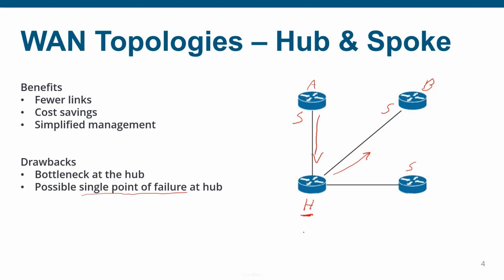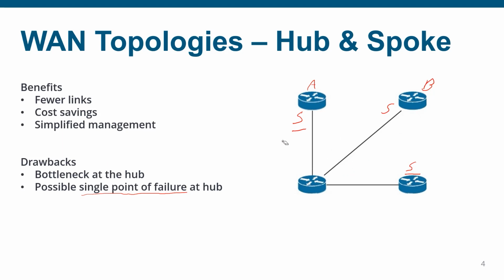If our hub somehow went down, even if this was a redundant set of devices and our redundant set of devices went down, all of our communication to all of our spokes and the spokes between each other is now cut off because the hub has now had a problem.